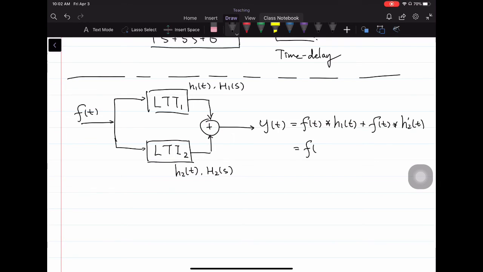Or by combining the two terms, this is what we eventually obtain. And in terms of the Laplace transform, it's pretty easy to obtain a similar form.